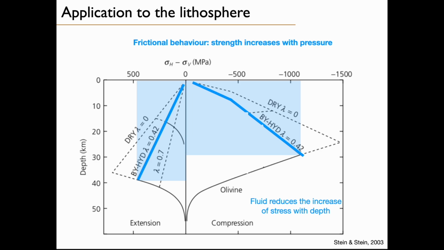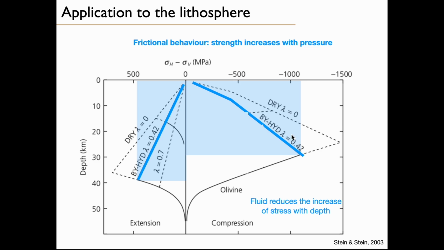So we've defined the frictional behavior. It's when the strength increases with pressure, and it's defined by these lines, which have different slopes in compression and extension. So for example, here you see the blue square is showing you the region in which frictional deformation can occur, down to this level here, down to that level in compression.